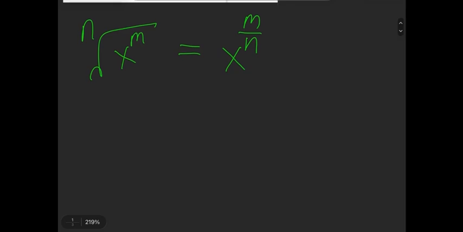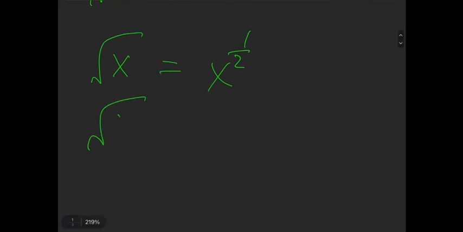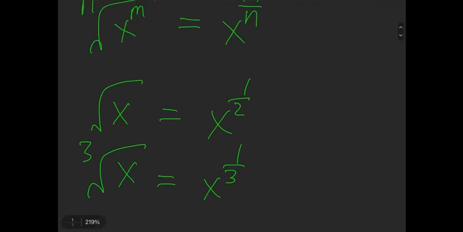For example, the square root of x is equal to x to the 1/2, because in this case m equals 1 and n equals 2. The cube root of x can be rewritten as x to the 1/3, because m equals 1 and n equals 3, according to our formula.